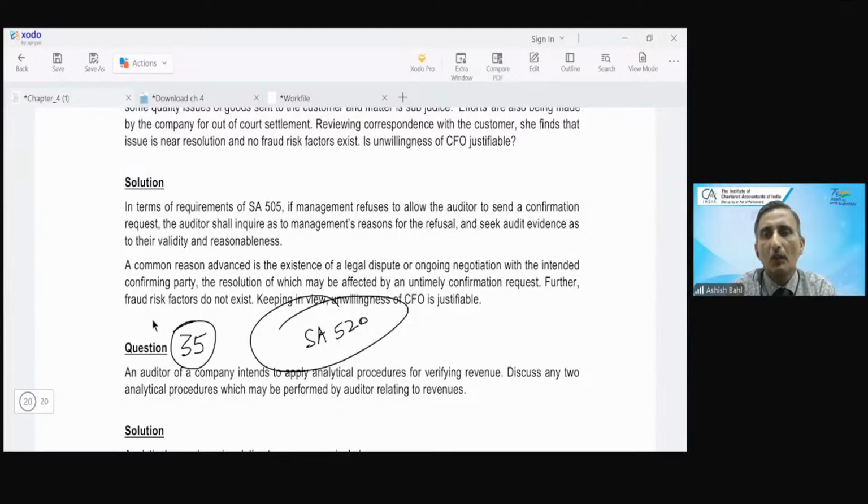Harshit, do you have any query or doubt? Sir is asking you.